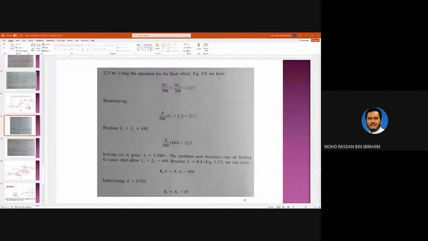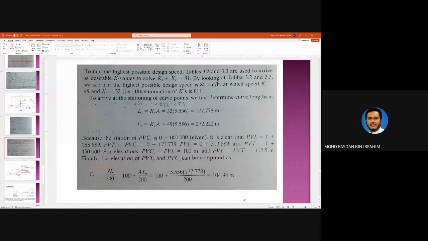So the K value of the sag curve is 32 and the K value for the crest curve is 49. You plug in the values of Ks and Kc to get Ls as 177.78 meters and Lc equals 272.222 meters.